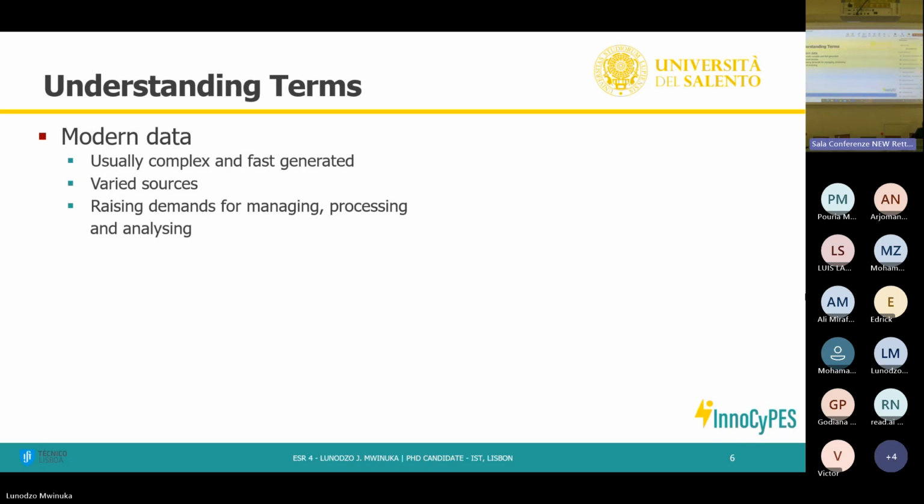The nature is usually complex and fast-generated, because most of them generate data in real time. Modern data are also considered to come from various sources, and this gives a rising demand for managing and processing them.